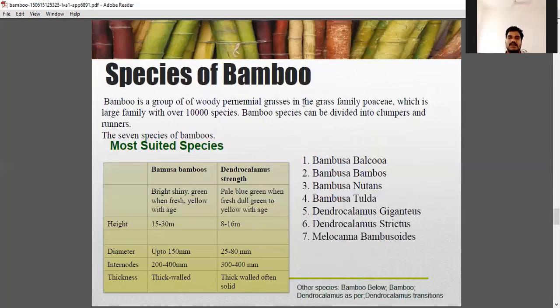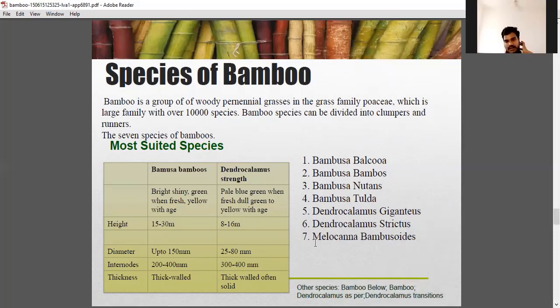and as I told at the start of the presentation, there are different species of bamboo. That is Bambusa balcooa, Bambusa bambos, Bambusa nutans, Bambusa tulda, and like that various types of species are there.